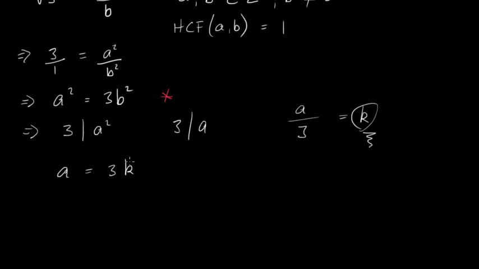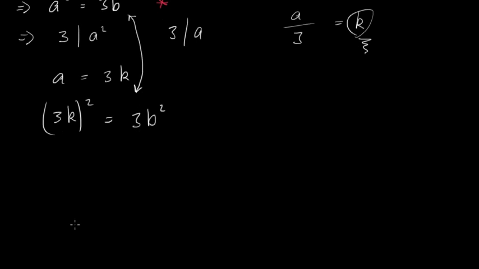Now, if a is equal to 3 times some number k, what I'm going to do is take this particular equation here again, the one that I've marked up here, and instead of the a here, I'm going to put in 3k because they're equal. So instead of a squared, I'm writing 3k squared, and that's going to be equal to 3b squared.